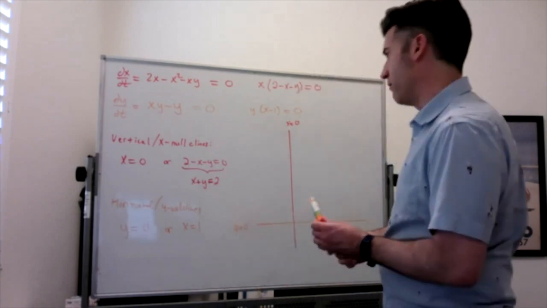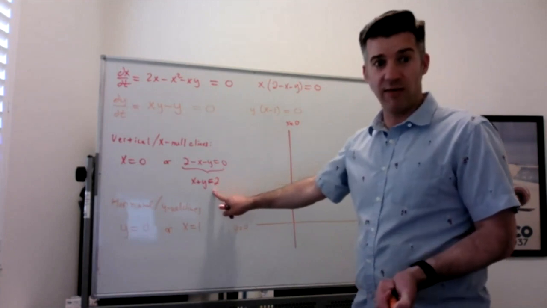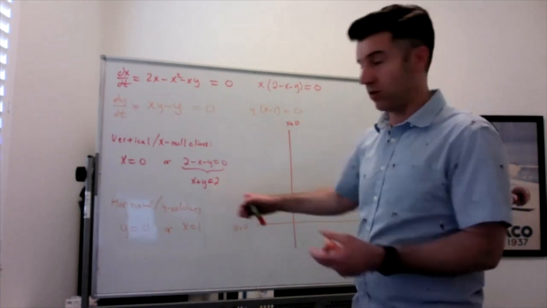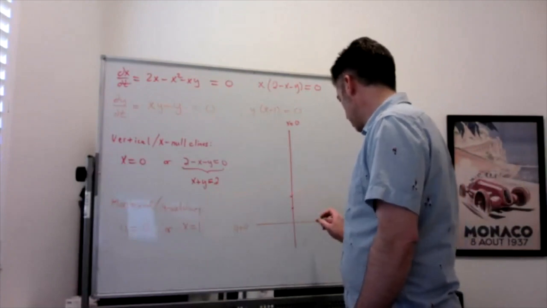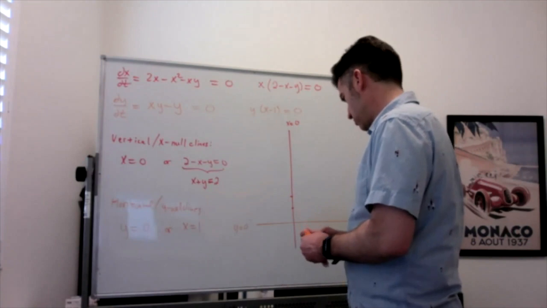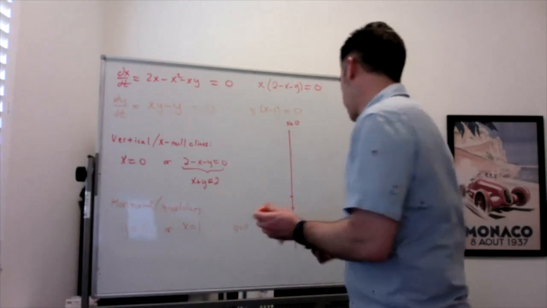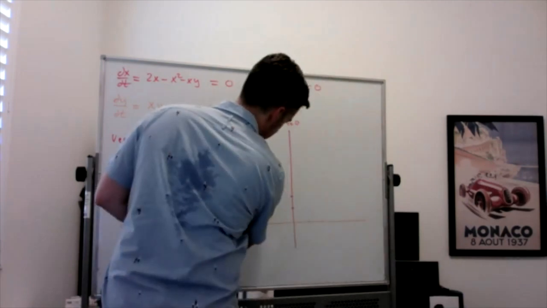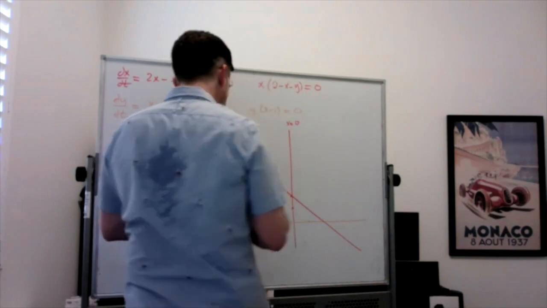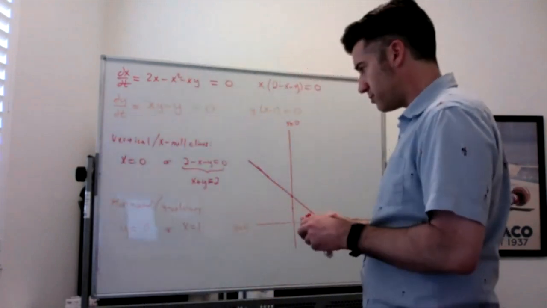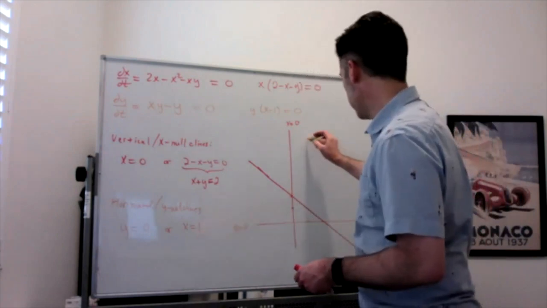And then we're going to have x plus y equal to 2. So that's going to have an x-intercept of 2 and a y-intercept of 2. And then I also have x equal to 1, as the y multiplying factor.